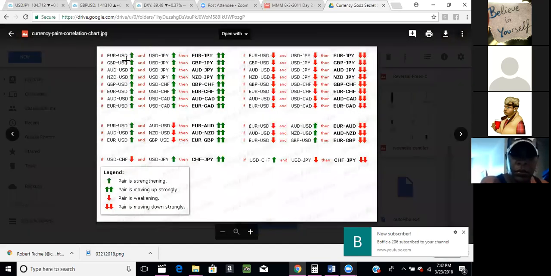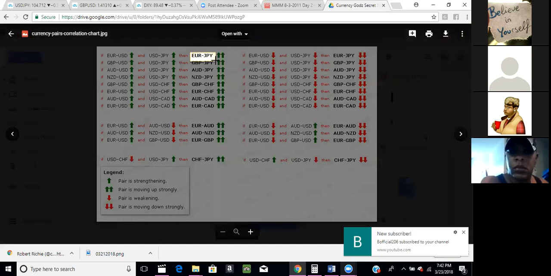Let's say the Euro USD goes the same way as USD JPY, therefore it calls EUR JPY to pull up. The reason it works is multiple reasons, and we're going to get into that. And you're going to be arbitrage trading that singular pair.